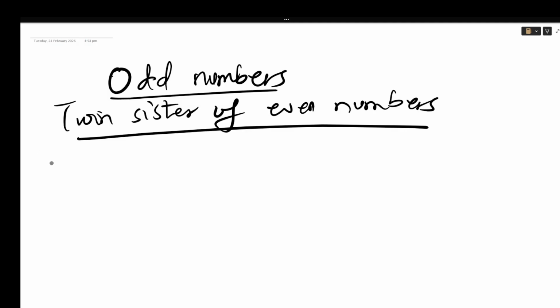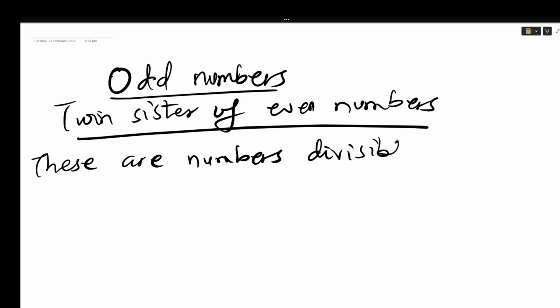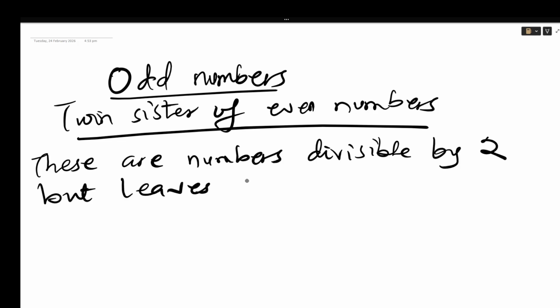So odd numbers are numbers divisible by 2. Yes, they are also divisible by 2, but there's a catch. These are numbers divisible by 2, but leaves a remainder of 1.